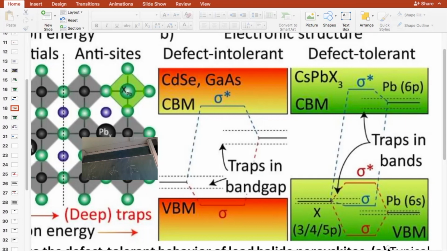It is basically the level of this antibonding orbital that is higher than normal relative to the trap states. The trap states are below, so they don't play a big role. If they are in between, then it is known that they have a big effect.